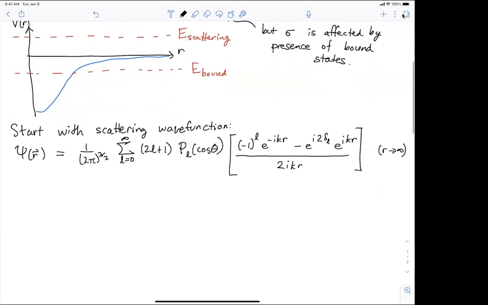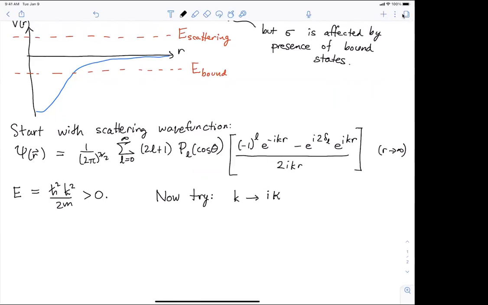Right, and because we did this in the case of scattering, the energy, which is h bar squared k squared over 2m, is greater than 0. So how are we going to start with this wave function and try to get a wave function with negative energy? So there's actually a pretty obvious try. What if we just take k and we replace it by i times kappa?